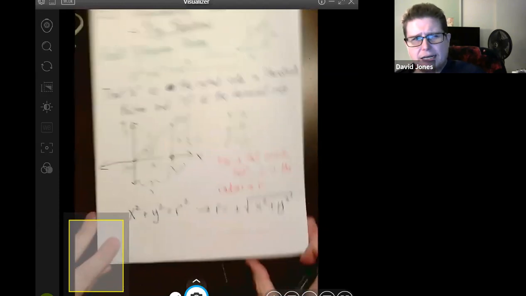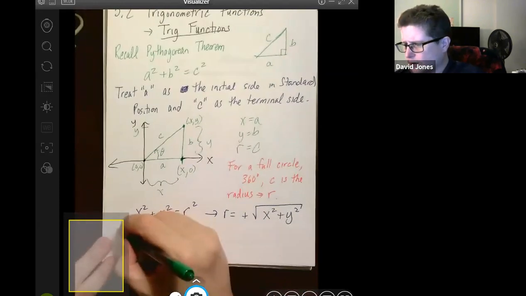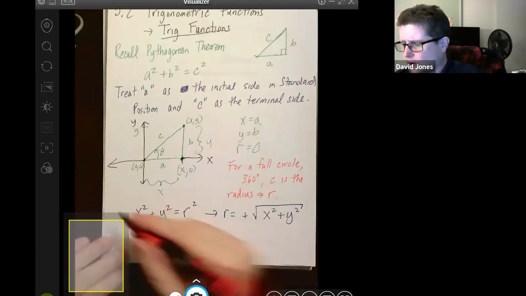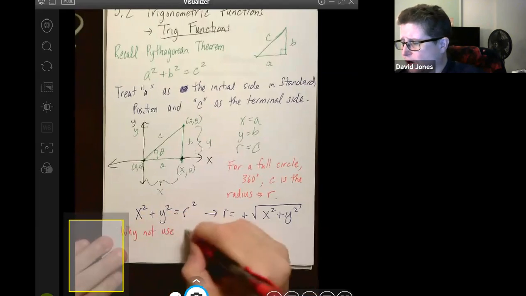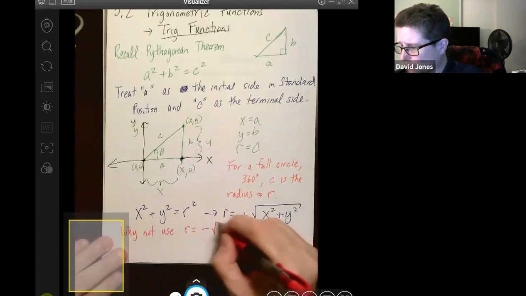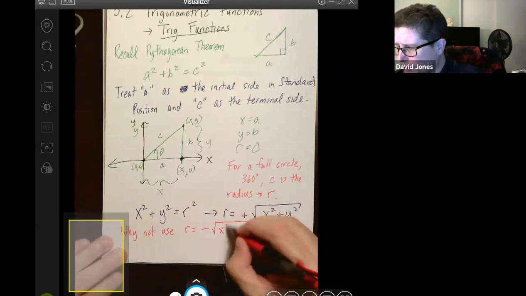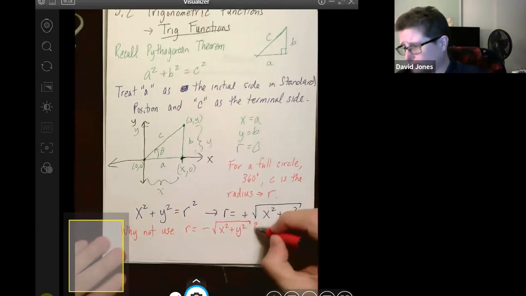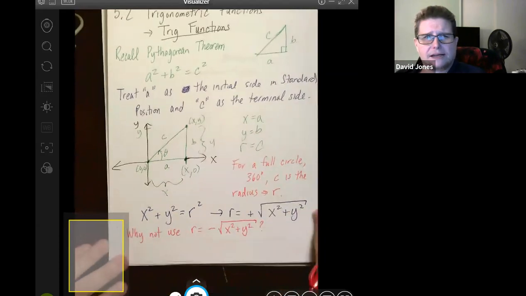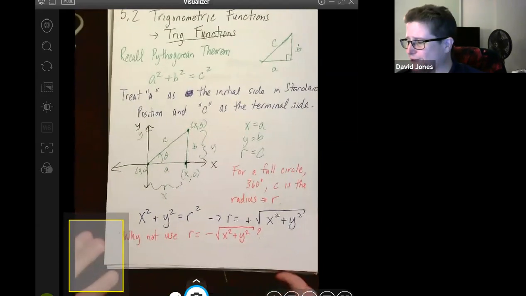To get you thinking, why not use R equals the negative square root? Because when we take the square root, it's the plus, positive or negative one. I'll pause and let you think about that for a second.